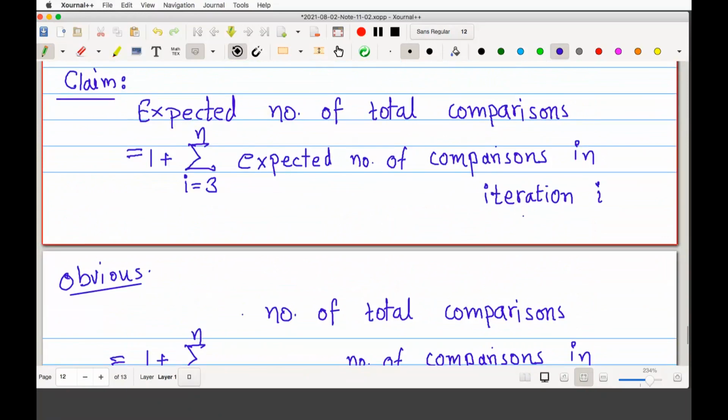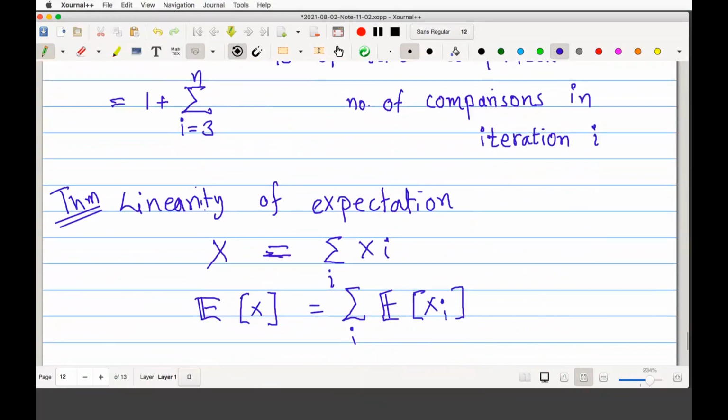Okay, any questions? In the theorem which you wrote, X and X_i are both random variables, right? Right, correct. X and X_i are both random variables. But the point is that this equation holds no matter what. This equation is always true. This equation is not random.